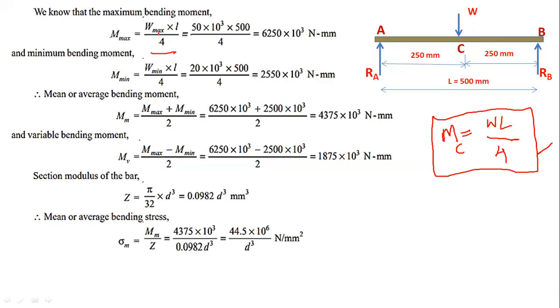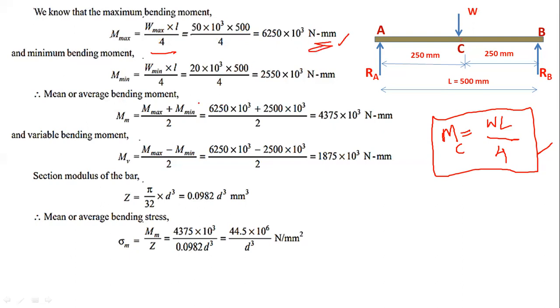I converted 1 kilonewton equal to 1000 newtons, so 50,000 newtons is the maximum load. Divided by 4, this equals 6250 into 10 power 3 Newton mm. This is the maximum bending moment at point C.